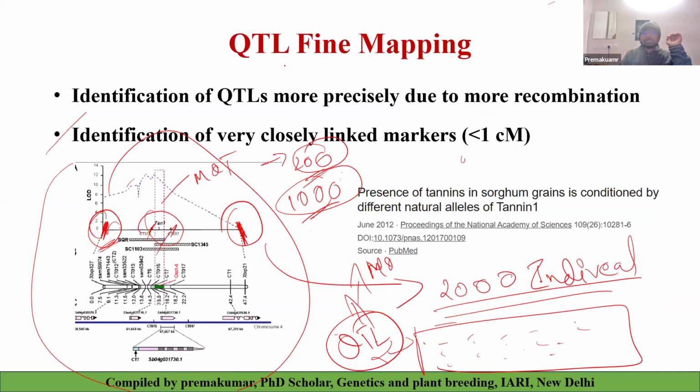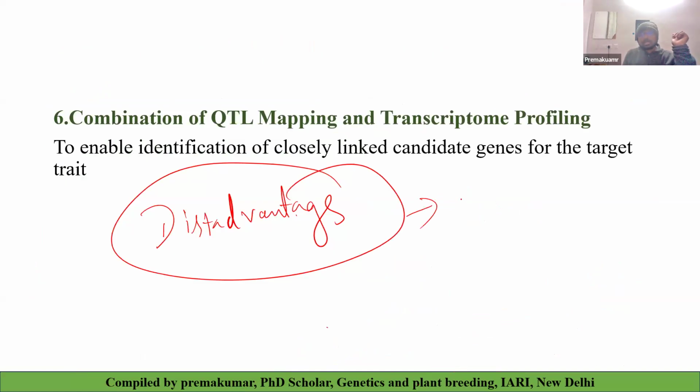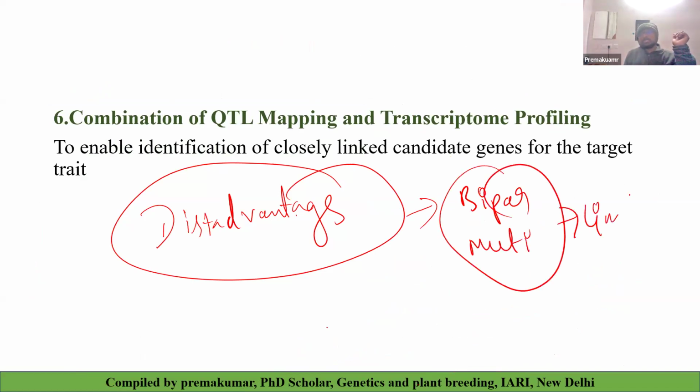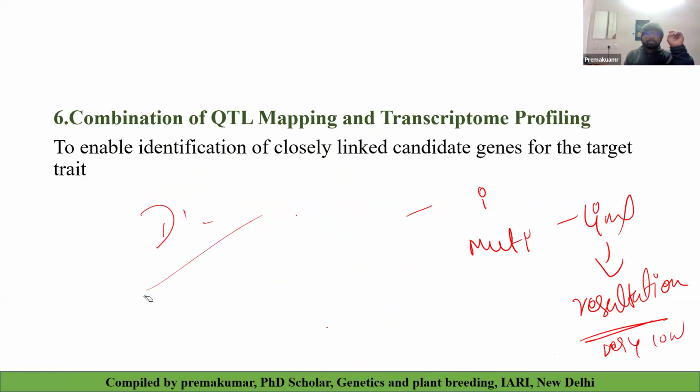In every QTL mapping, even though you fine map, how much resource and effort we need, you're getting a very large region. Because we are using a biparental or multi-parent mapping population, there will be limited recombination. The resolution will be very, very low. This is one of the biggest disadvantages of QTL mapping.